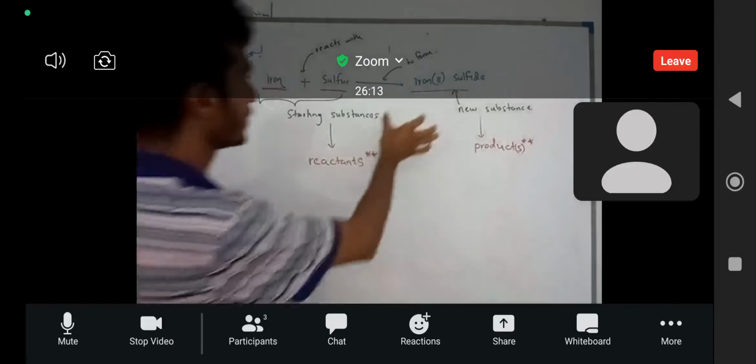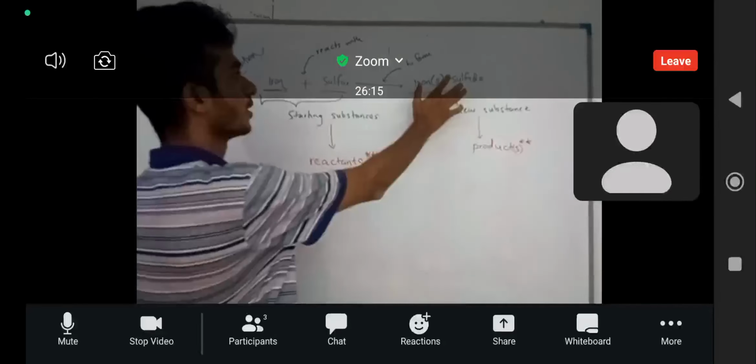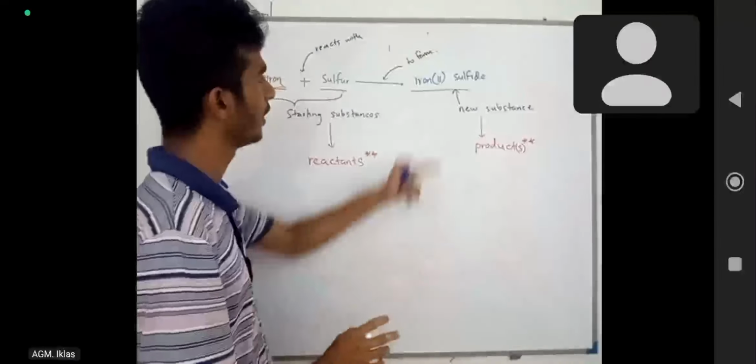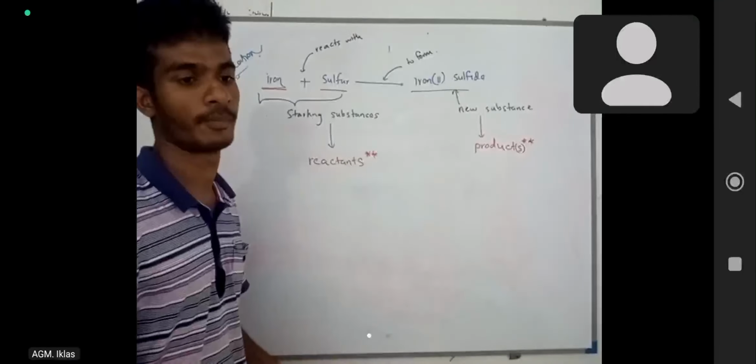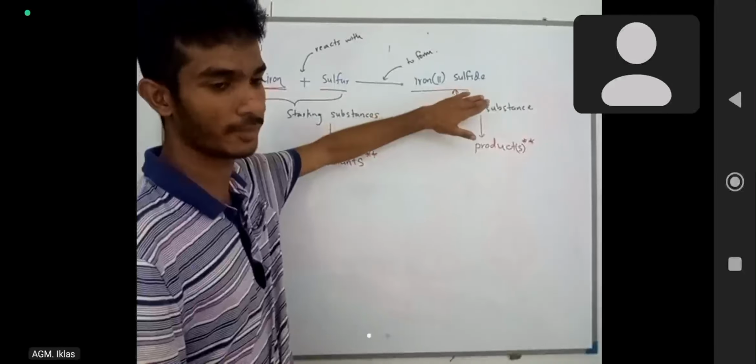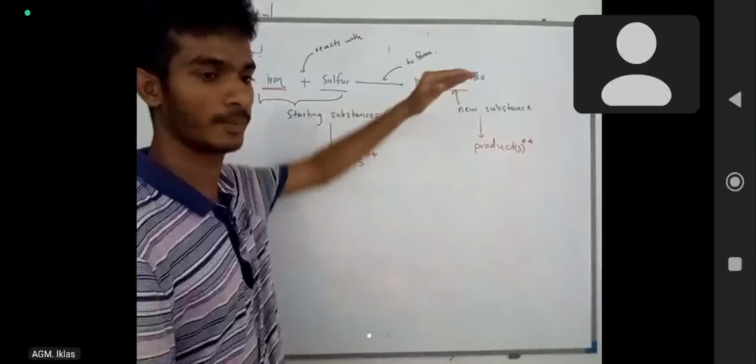Because the oxidation number of iron in this compound is 2. That's why we have put 2 here. We will learn about that later. You don't need to bother about that.